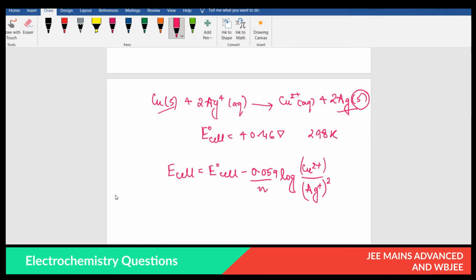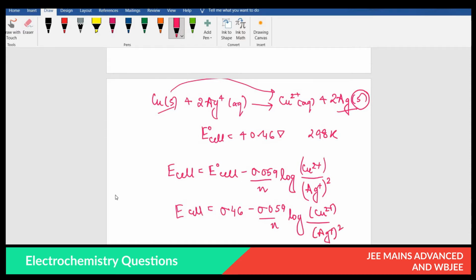Now, E0 cell is mentioned as 0.46, and that's a positive value. Right. And what would be the number of electron transfer? See, Cu to Cu2+, so it is a 2 electron transfer, so that becomes 0.059 by n log of Cu2+ over Ag+ whole square. Right?